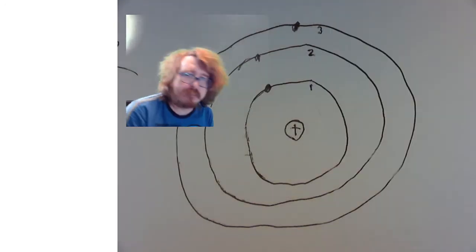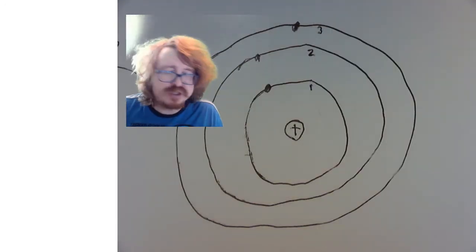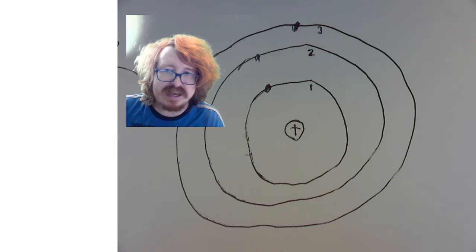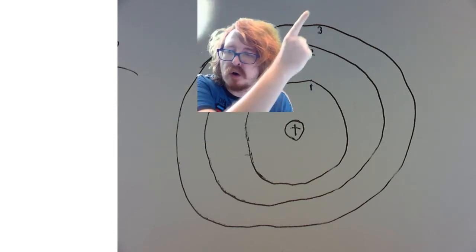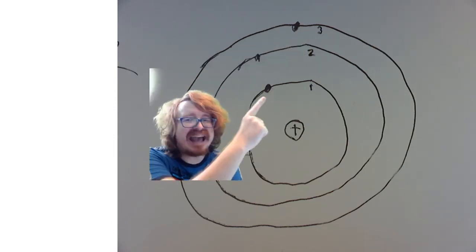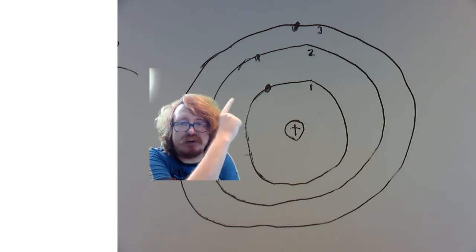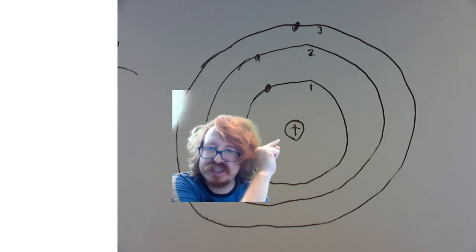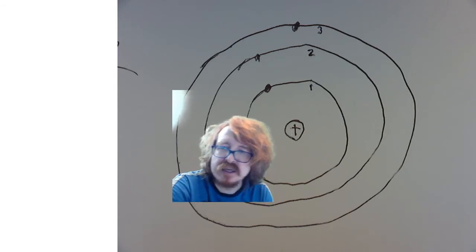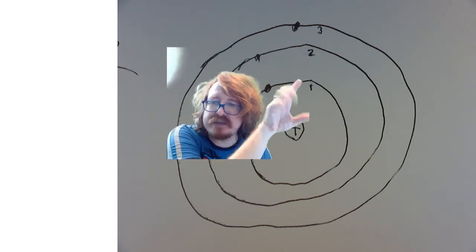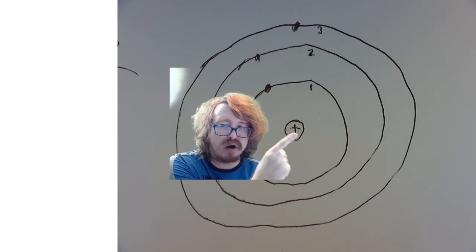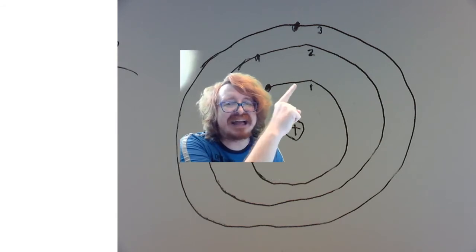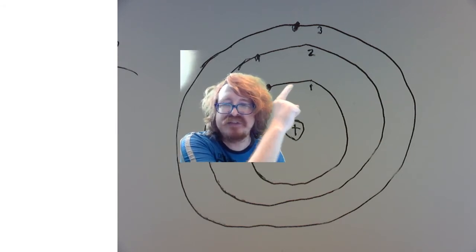Which one do the electrons want to be in? Yeah, they want to be in 1, right? Because that's the closest to the center. So the electrons want to be here. They would love to go all the way in, but they can't. This is the lowest that they can get.